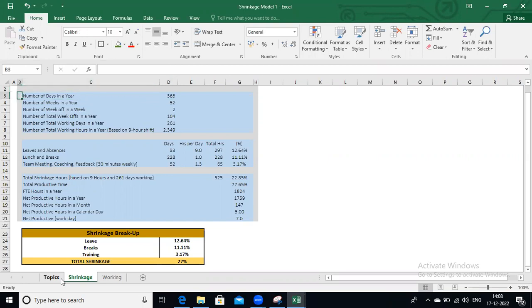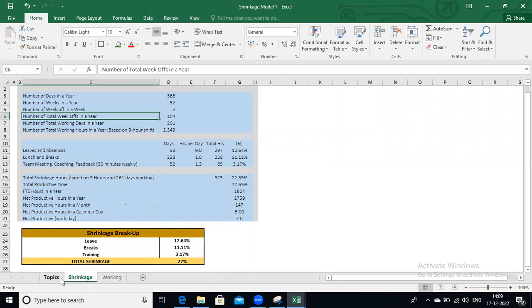We all know that we have 365 days in a year, and also that we have 52 weeks in a year. I have taken 2 week offs in a week, but it's up to the company; you can change it as per your company rules.